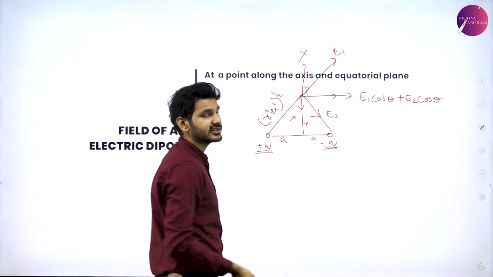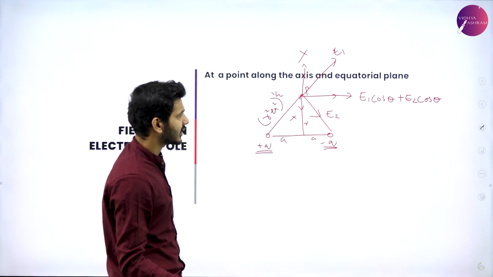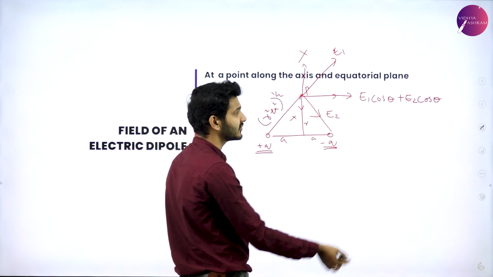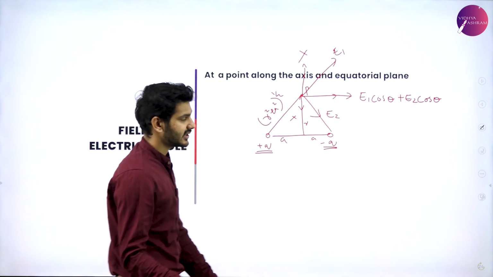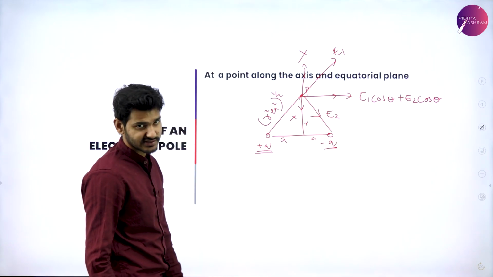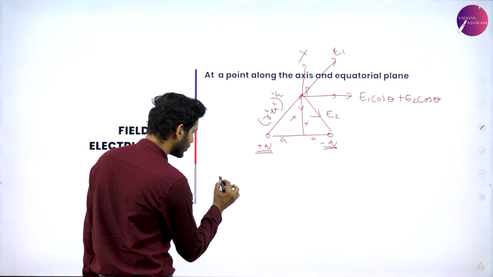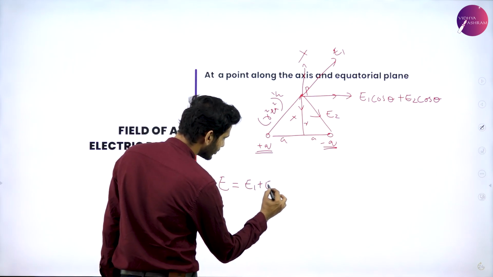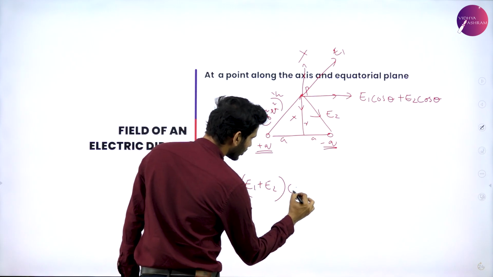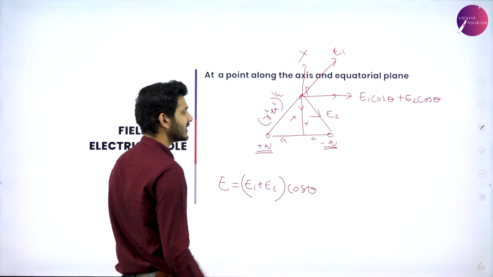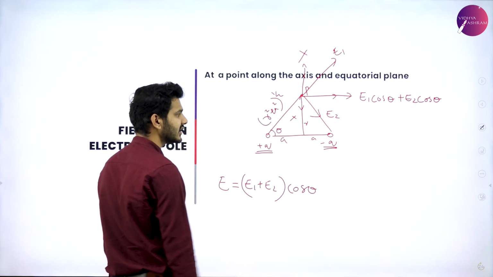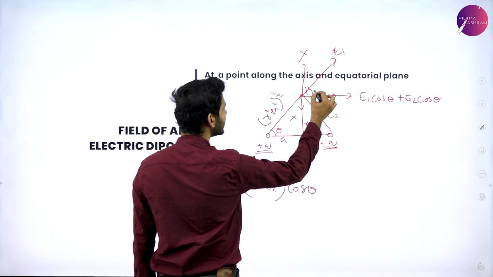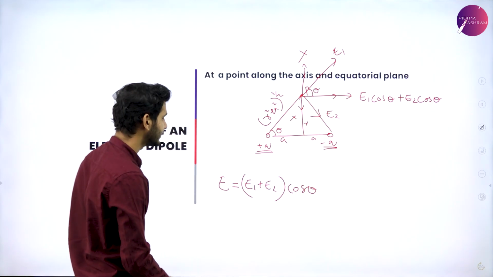So the vertical components, the sine components, cancelled each other out, and the horizontal components, which are the cos components, added up, and we had this equation. Finally, we found the total electric field as E1 plus E2 whole into cos theta, and this was theta, and this also will be theta due to geometrical considerations.